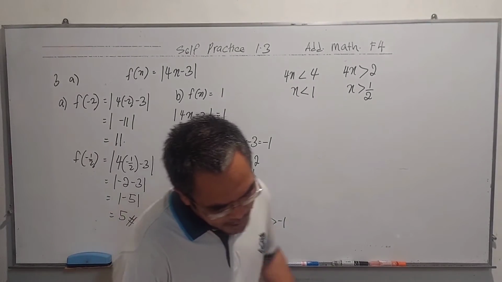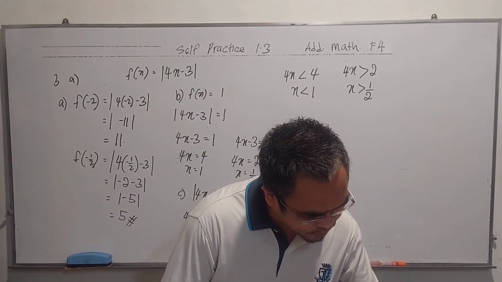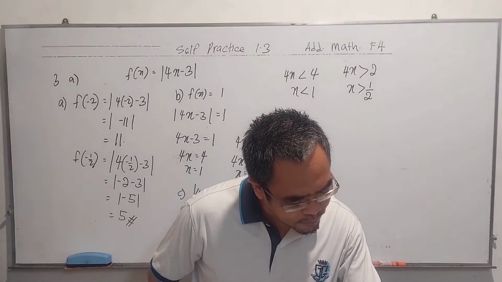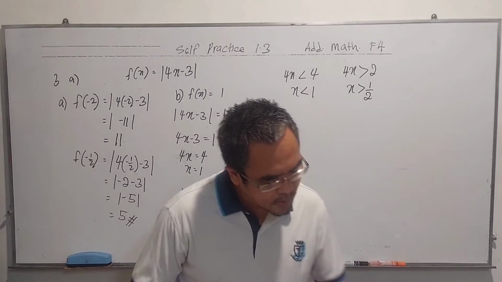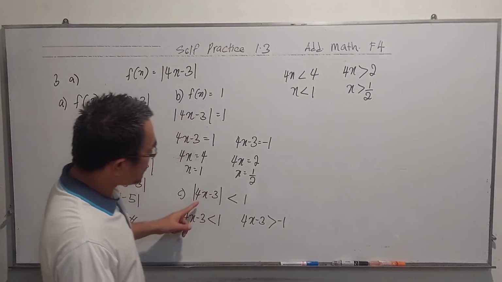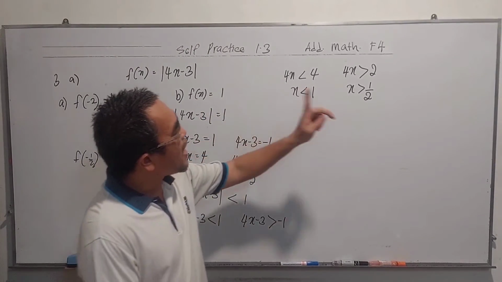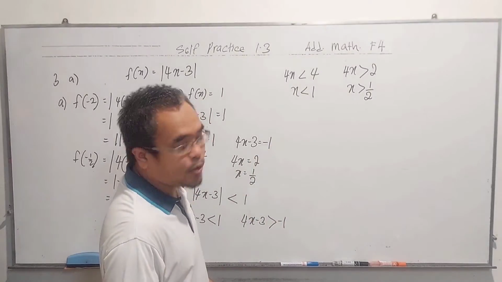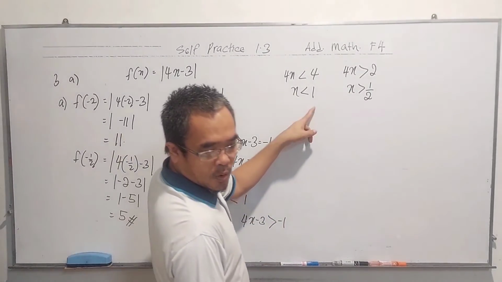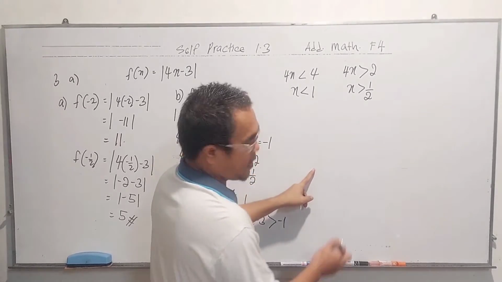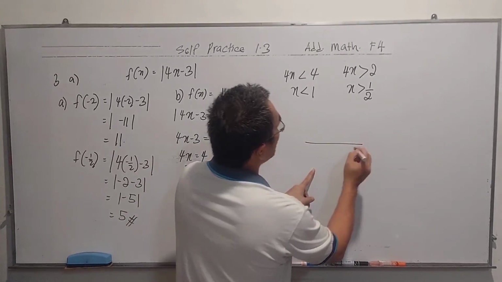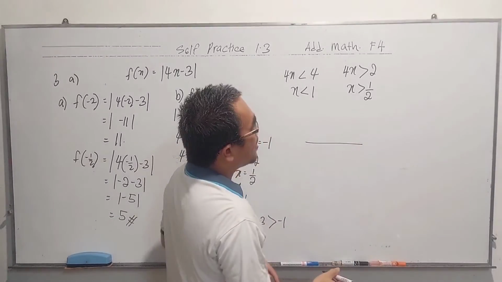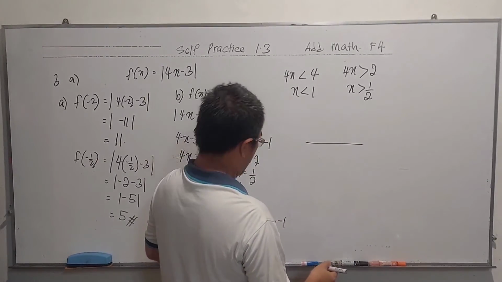In case they ask for the whole thing, we could solve it, because they come together here. So what are the values that correspond to these two inequalities? In this case you have x less than 1 and more than 1 over 2.